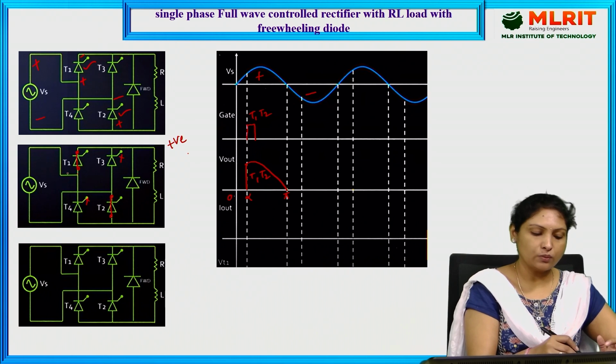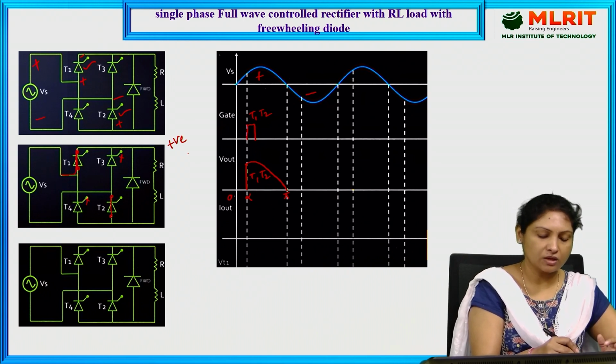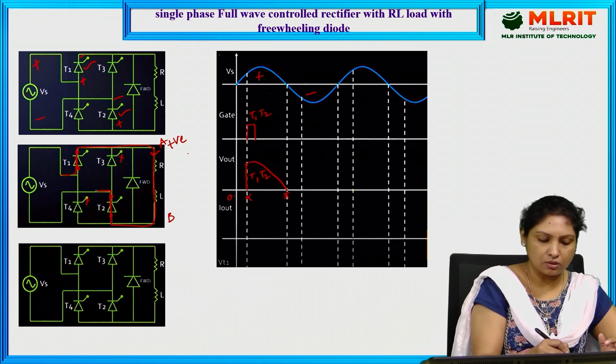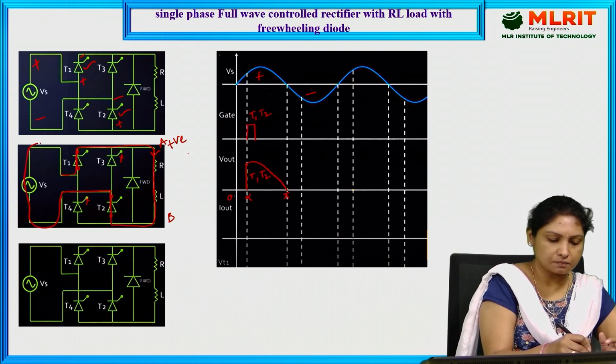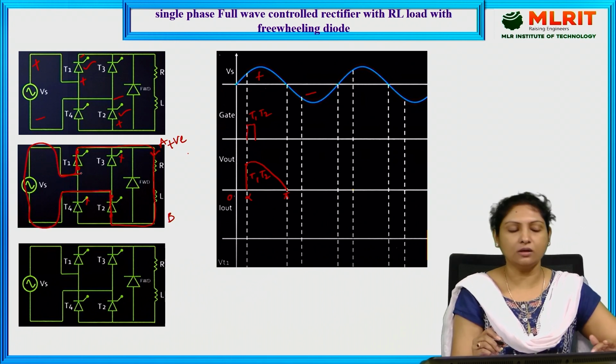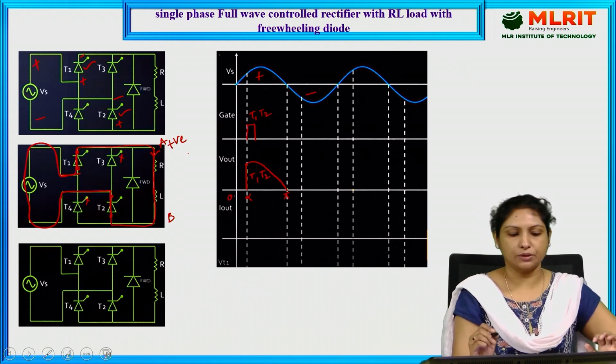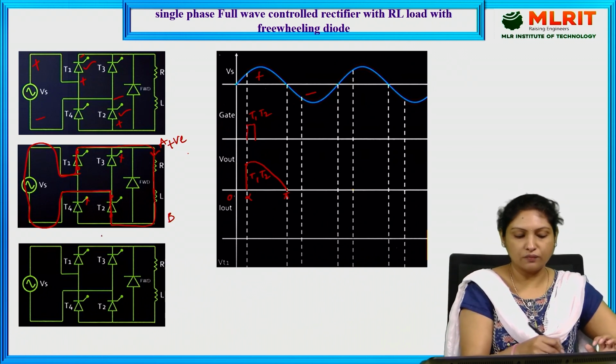The moment we provide the triggering pulse, T1 starts conducting current through the load in this direction, say this is A and B. This is the direction of current flow, through T2 and back to the supply. This is the current flow path during the positive half cycle, and the current flow through the load will be in this direction.